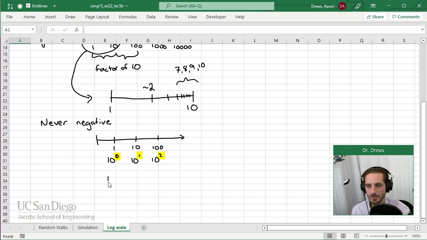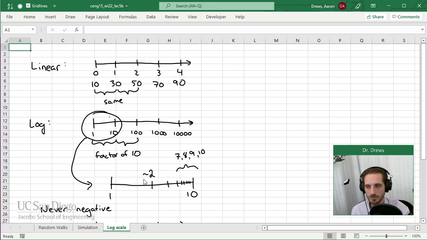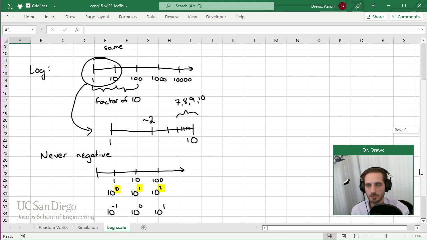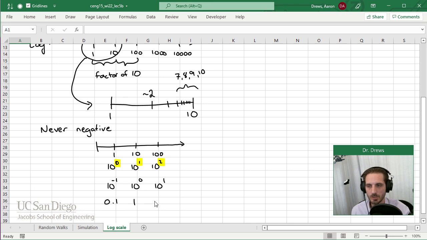As another example, we could do something like 10 to the minus 1, and then 10 to the 0, and then 10 to the 1. That would correspond to plotting 0.1, and then 1, and then 10 up here. Those are all okay, but no matter how small that exponent gets, 10 to the minus 9 or something like that, it just means there's a lot of zeros, and then there's a 1.